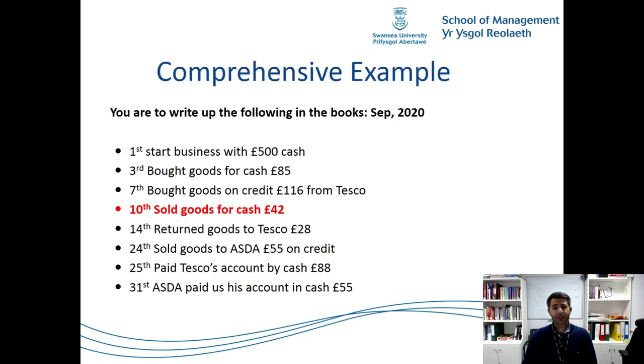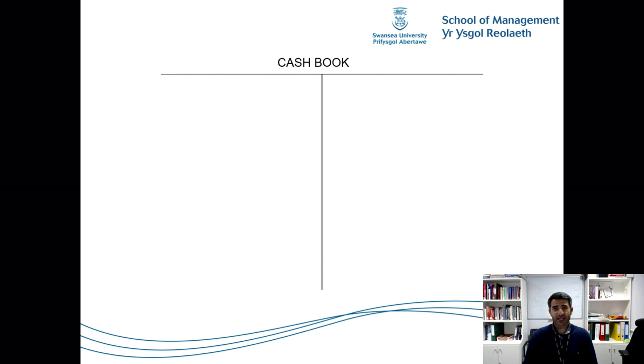On 10th of September, what happened? Sold goods for cash. If you say sold goods, this means sales is involved, so you need to open a T account for sales. For cash, this means money in, so you don't need to open a T account for cash because you already opened one, isn't it?